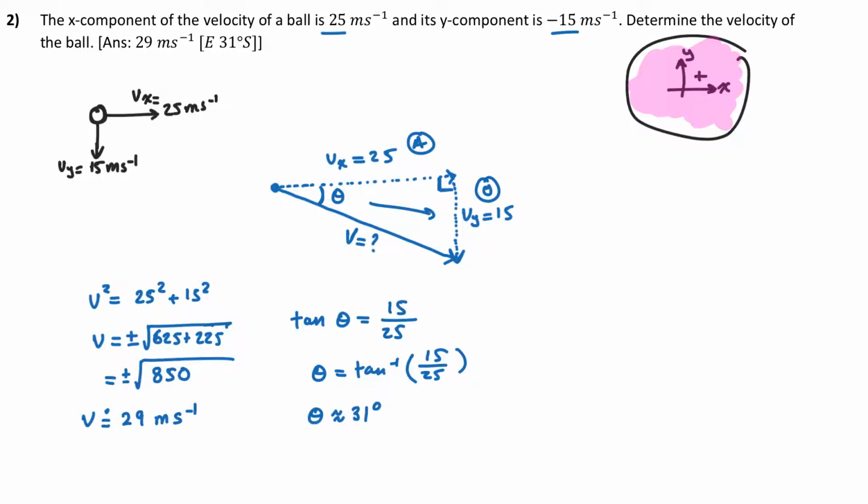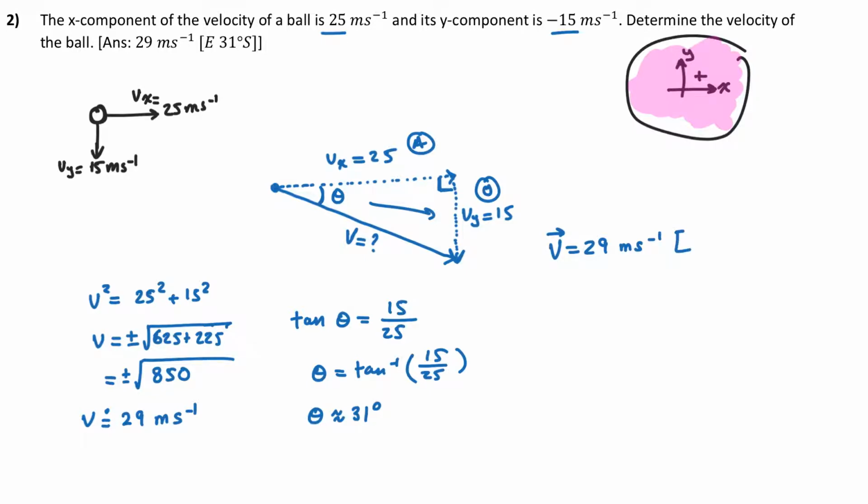And so now I have found the speed. The speed is the magnitude here, 29 meters per second. I have found the angle. The angle is the angle here. And I'll just have to write my final answer. So the final velocity will need a magnitude, which is its speed at the time, its unit, and it needs a direction.